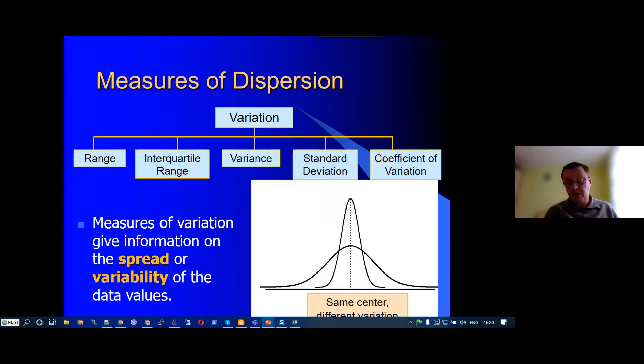We have mean, mode, and median exactly the same, but as you can see, the shape is significantly different, so they have a significant difference in variability. And criteria like range, interquartile range, variance, standard deviation, and coefficient of variation could help us to provide that.